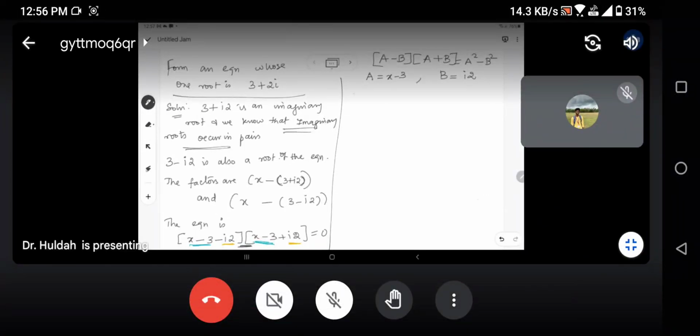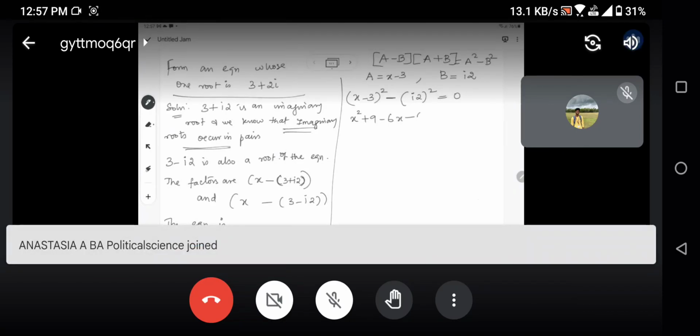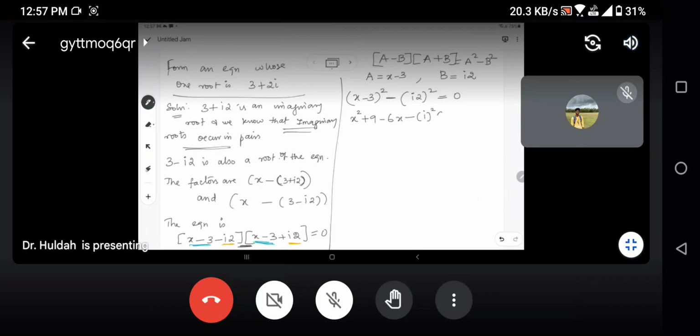A squared minus B squared, A is x minus 3, equal to 0. So we'll expand: A squared plus B squared minus 2AB, minus i squared into 2 squared.